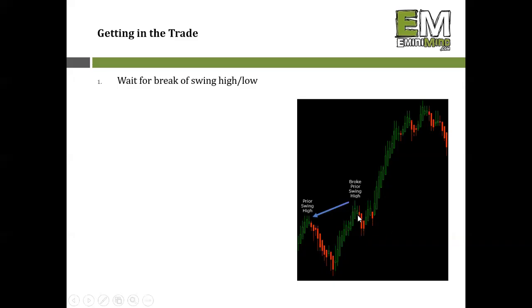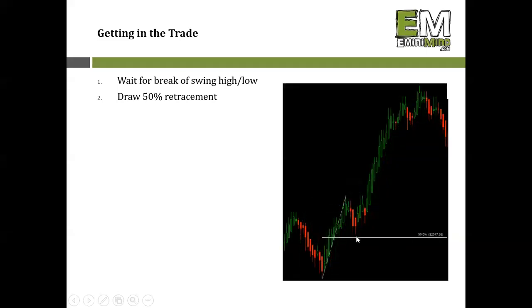And so this pullback here, if you draw the 50% retracement, becomes kind of the earliest point that we could get into the trade if the trend is changing. And that's a really key area when we're breaking a swing high.